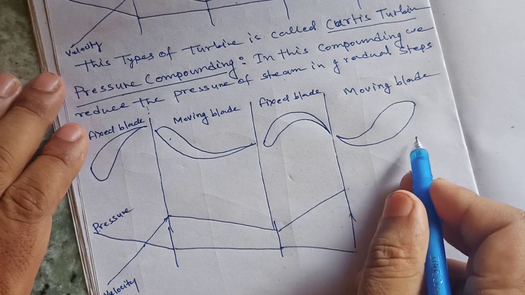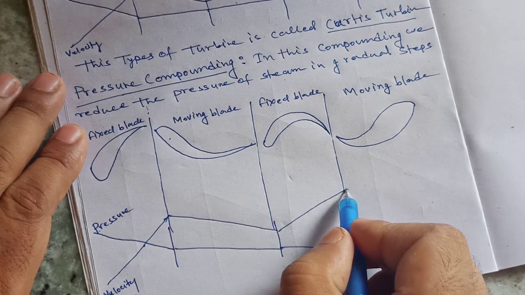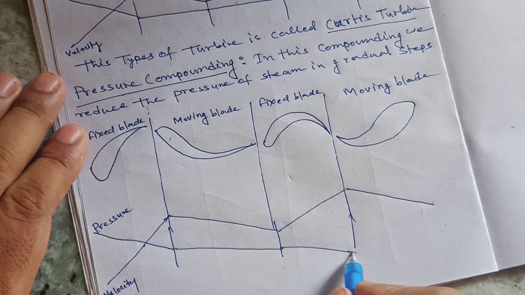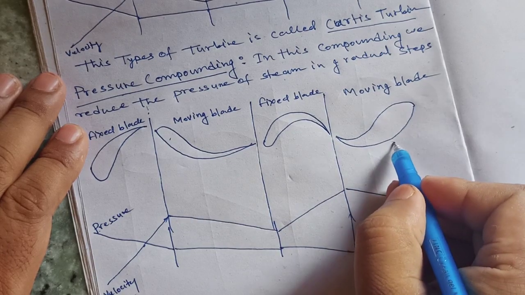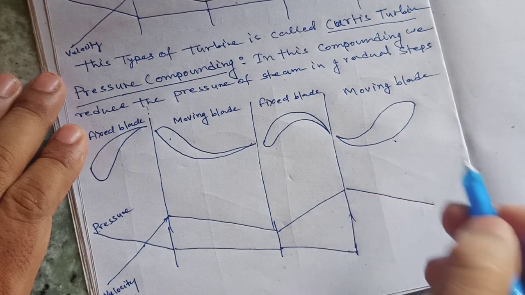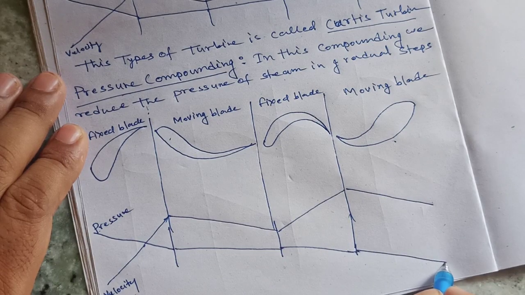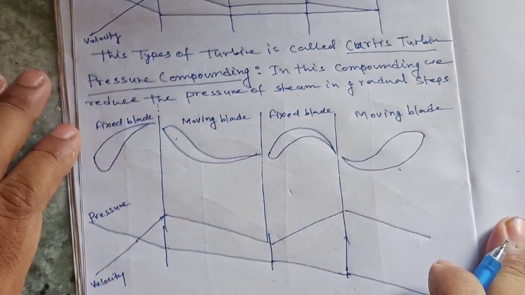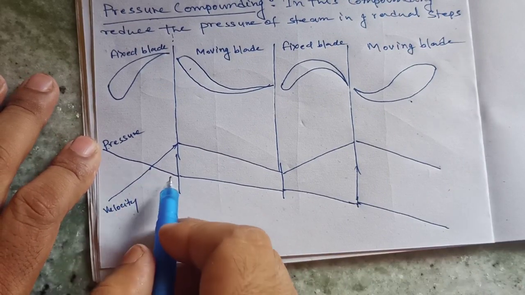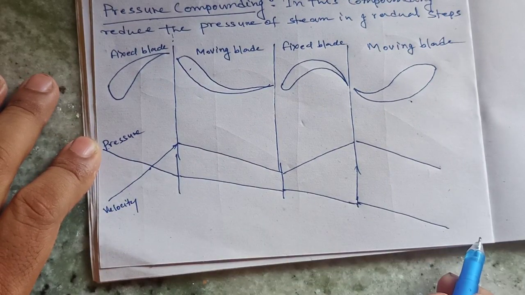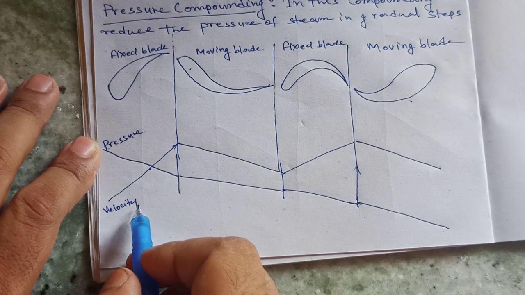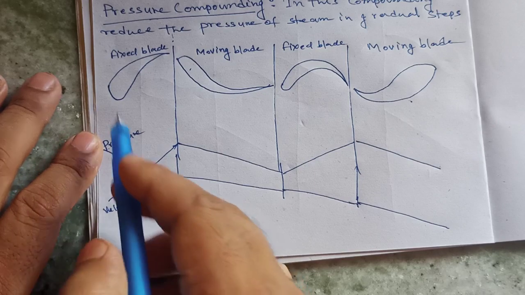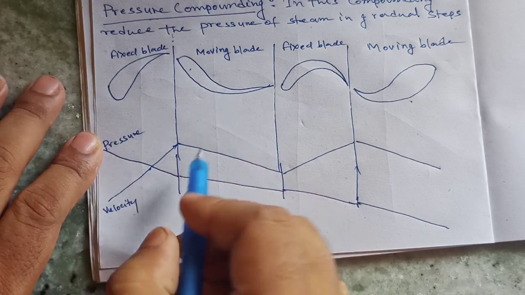Further, when it is the moving blade, what happens? The velocity reduces, and as it acts as a nozzle, the pressure will further reduce. You can see that in this case the pressure is gradually reducing, and the velocity is increasing in the fixed blade and reducing in the moving blade.